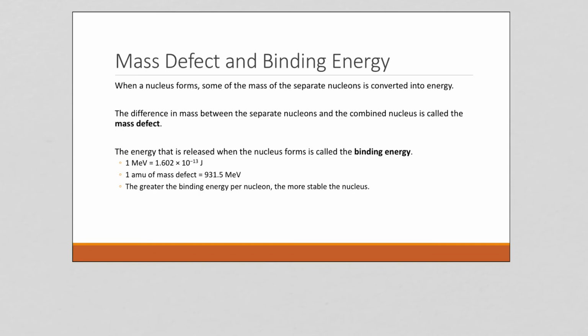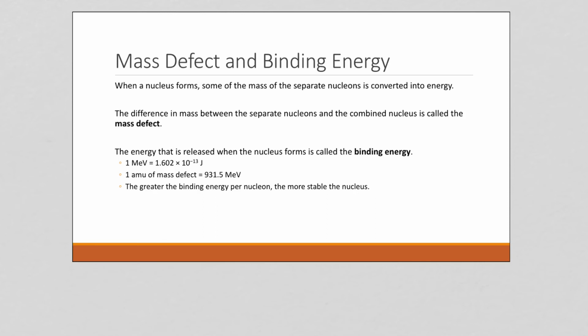So I want to look at a related topic here, which is the binding energy. Look at how this mass defect ties into something called the binding energy. When a nucleus forms, some of the mass of the separate nucleons is converted into energy. When the protons and the neutrons come together to form that nucleus, some of the mass is converted to energy.